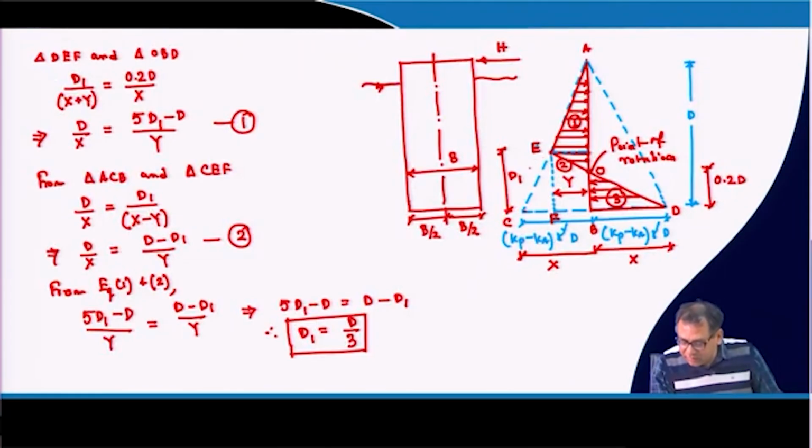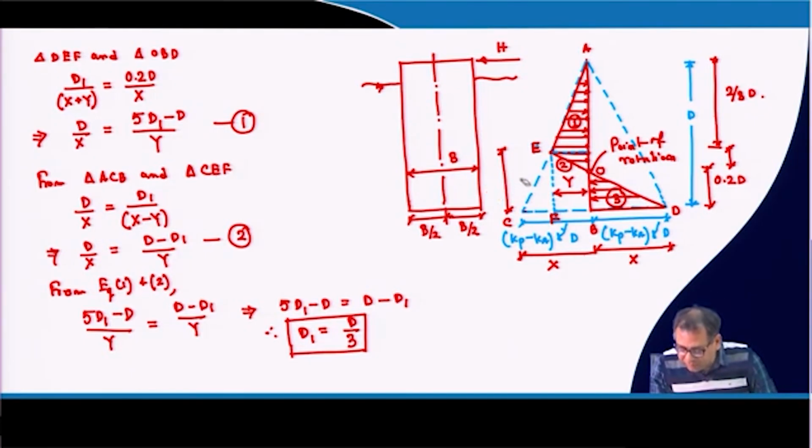Now, if d1 is equal to 1/3 of d, then this value will be 2/3 of d, and this distance is 1/3 of d, which is nothing but 0.33 d.